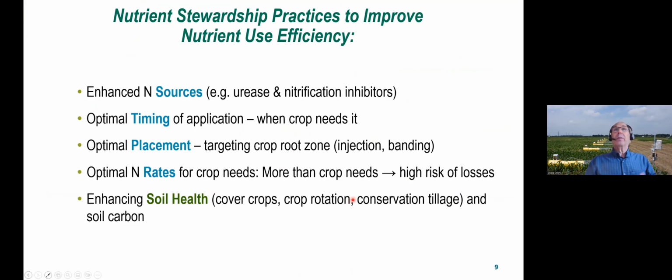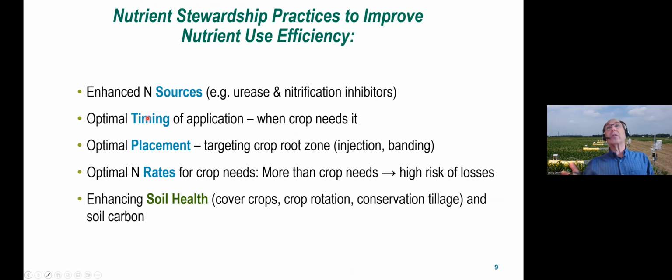So let's go back to the basics of nutrient stewardship practices and how they can increase nutrient use efficiency. Of course, we've heard that, yes, we can look at different sources, whether it's urea or UAN, whether it's adding a urease and nitrification inhibitor with them. When do we apply the nitrogen?